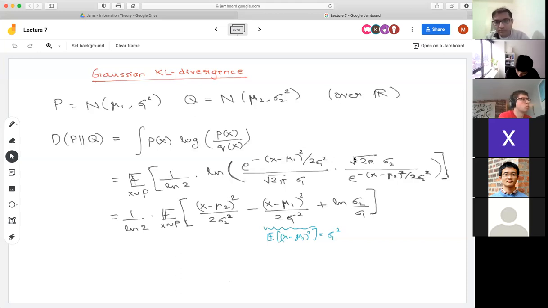The other term you can calculate by splitting into x minus mu1 and mu1 minus mu2, whole square, and then just calculating the expectation of the two terms that come out of the summation.